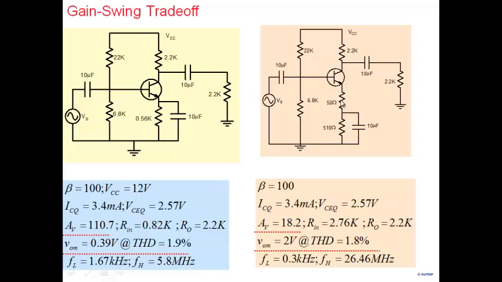When you put that, then you are able to get much better swing. Okay. So if you're really looking for swing, go for this particular stage. This is not really suitable. All right. So again, as I said, you can see a gain swing trade-off here. If you're simultaneously trying to get 110 gain and 2 volt swing, that would be difficult, because of these fundamental trade-offs that are there.